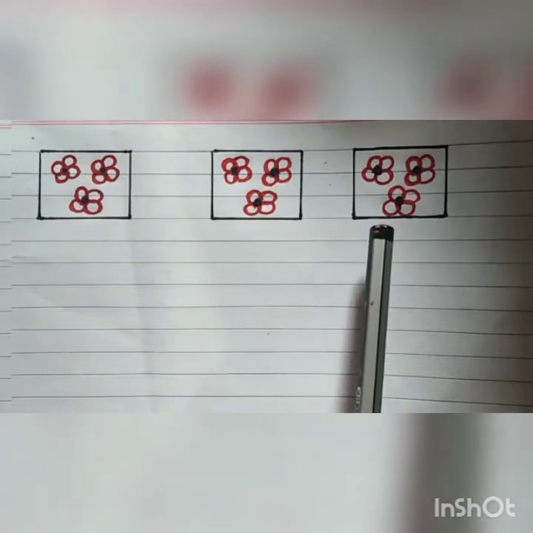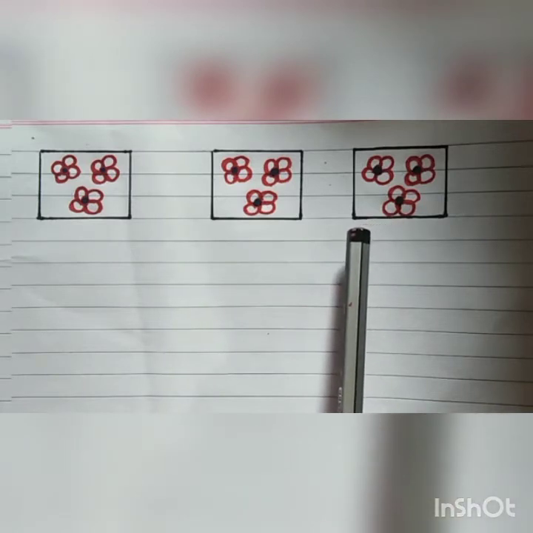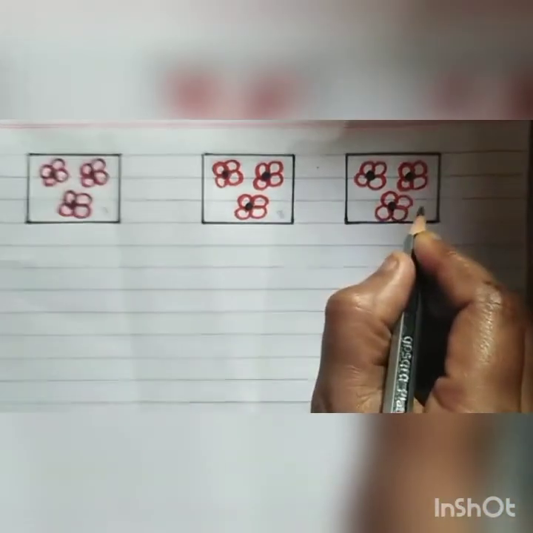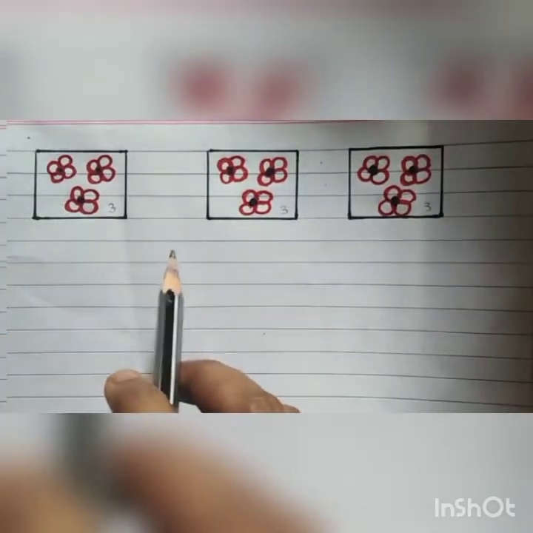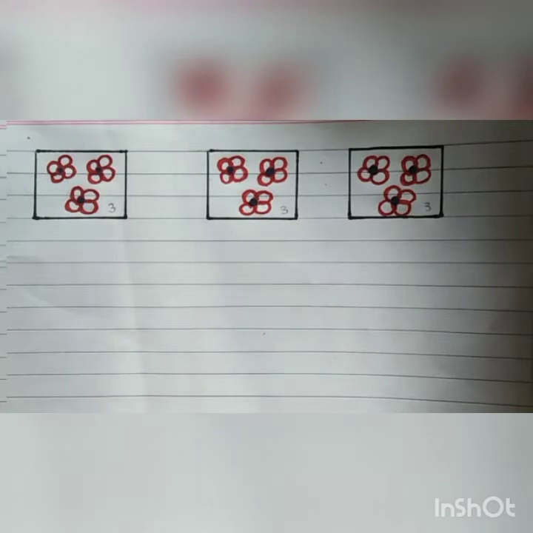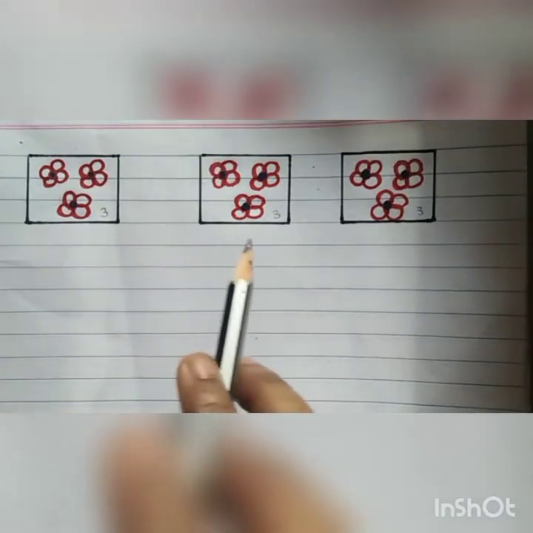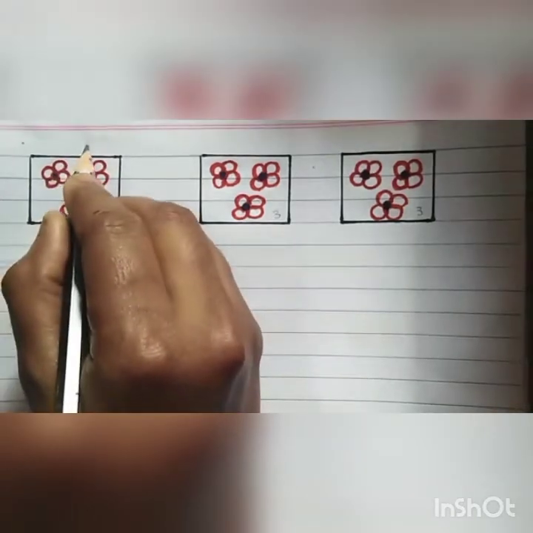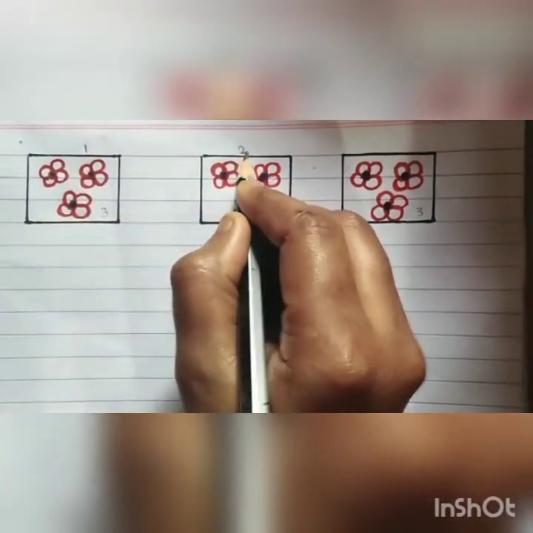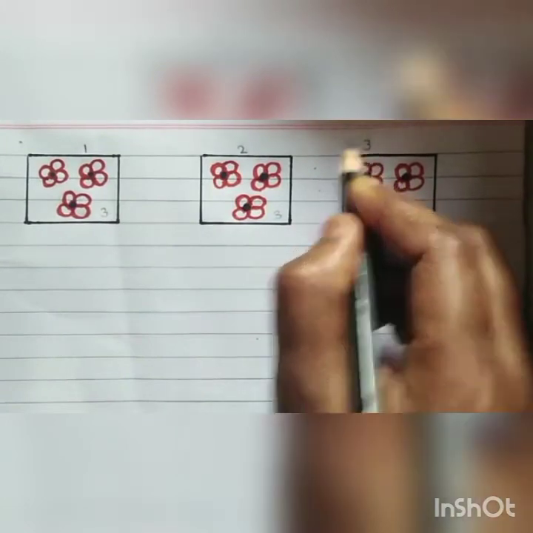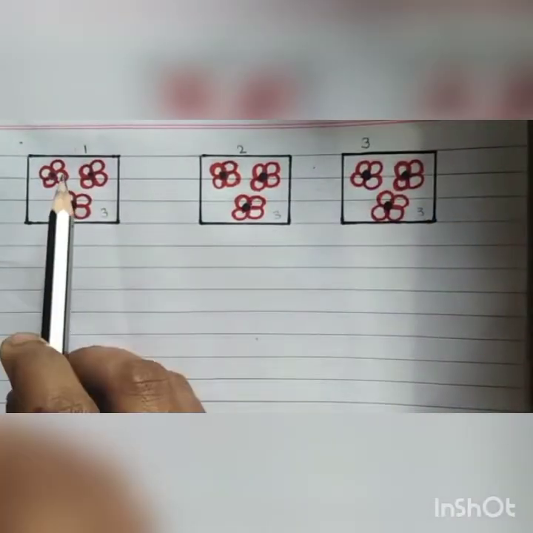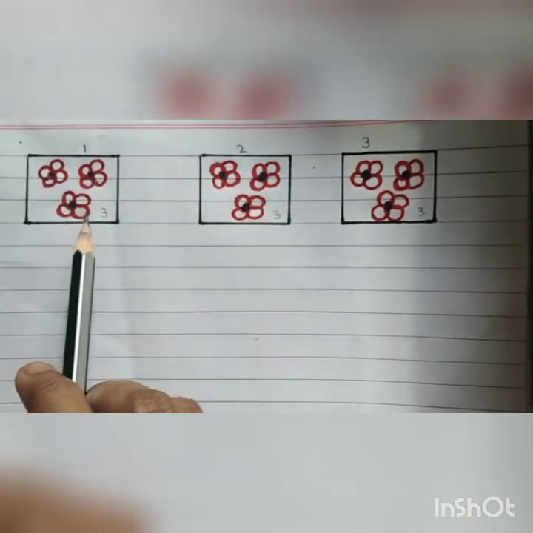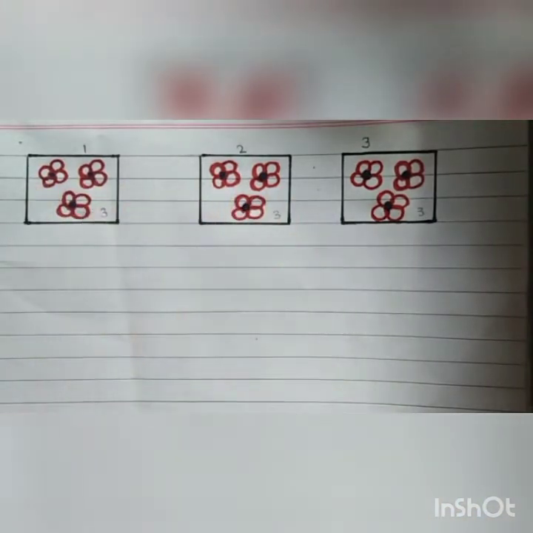And in the third box also there are 3 flowers. 3, 3, 3. So in each box there are 3 flowers, isn't it? Now can you tell me how many boxes are there? Yes, there are 1, 2, 3. 3 boxes are there. So we can see that there are 3 boxes with each box having 3 flowers.